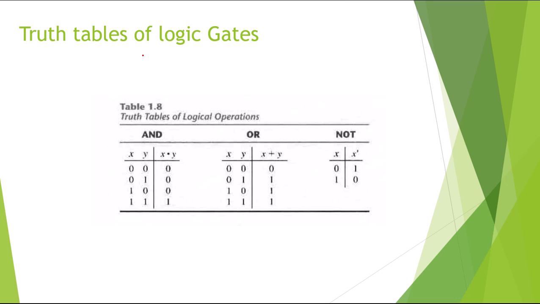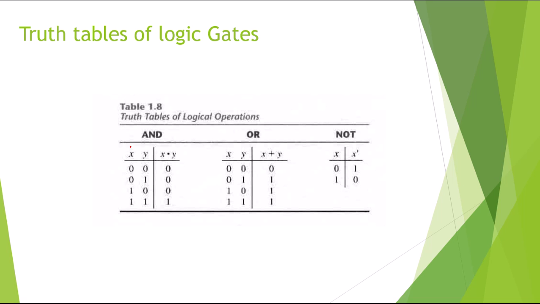Now here you can see a truth table. A truth table basically represents whatever logical operation we are performing. It is a table in which we give the output for all the possible combinations of input. For example, for the AND gate, we have two inputs X and Y, and with two inputs the total number of combinations is 4.